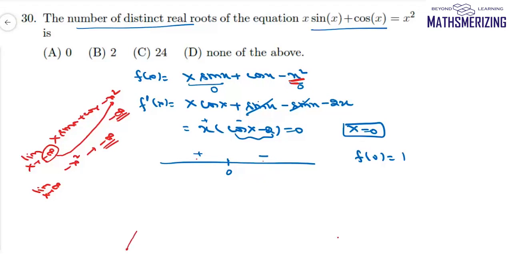So this function will start from minus infinity, it will increase, attain its maximum value at 0, and then start to decrease, and when x is infinite, this value is again minus infinity. So this graph will intersect the x-axis at two distinct points. So the number of distinct real roots of this equation is simply 2, which is your option number B.